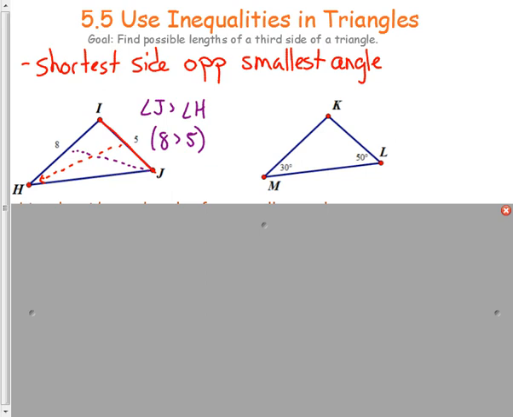Well, 50 degrees is bigger than 30 degrees. So angle L is 50, so the side opposite is KM. So KM is greater than, and then the side opposite of angle M is KL.